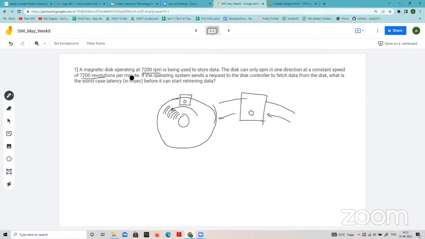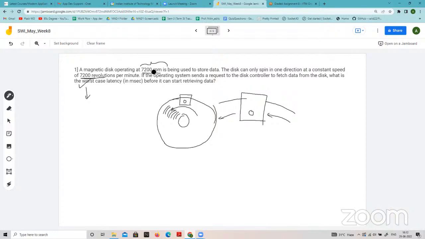In our case, the rated revolution and the exact, practical revolution are the same. The latter 7200 revolution can be anything less than 7200 also.